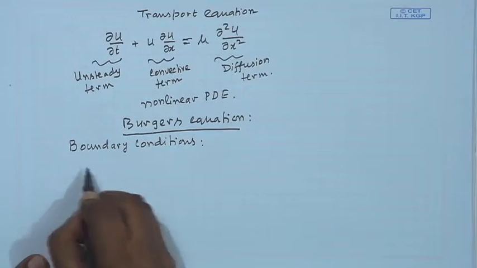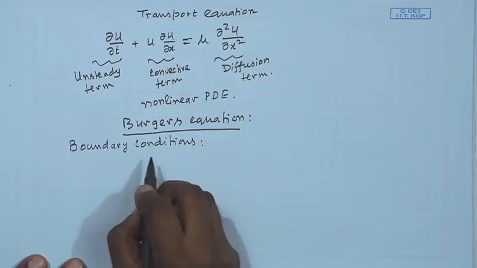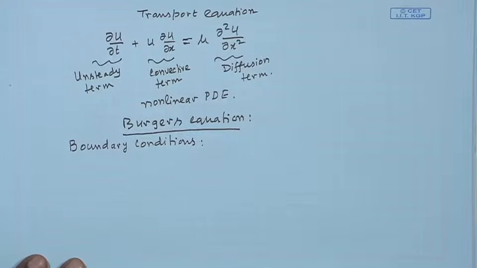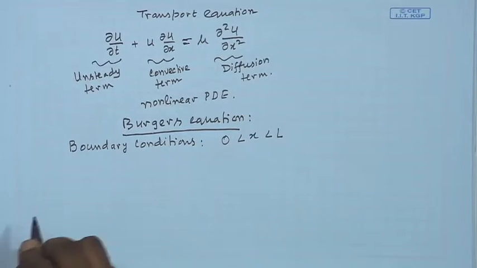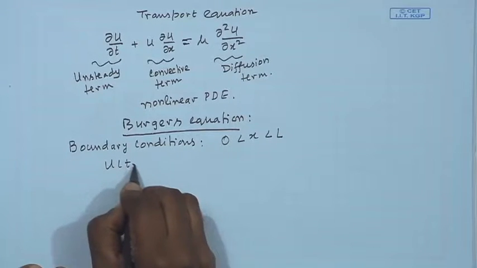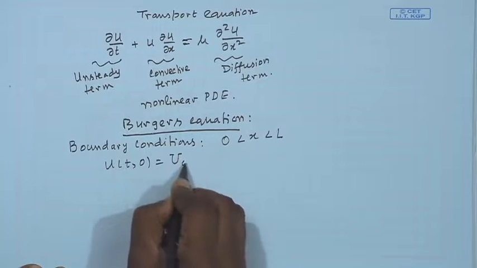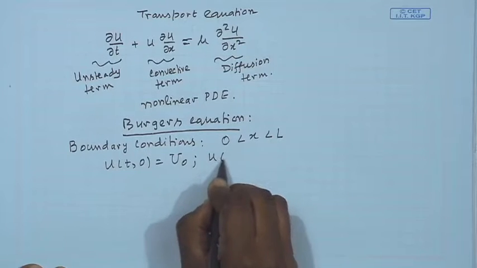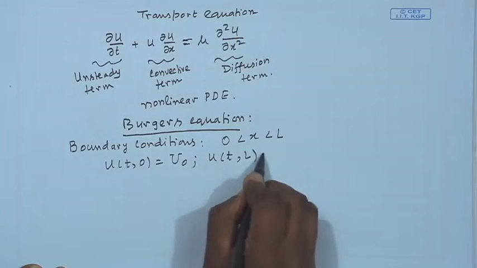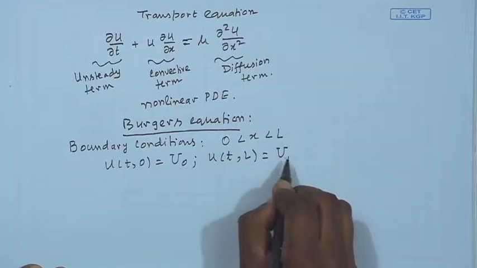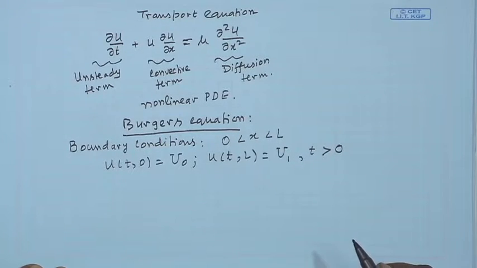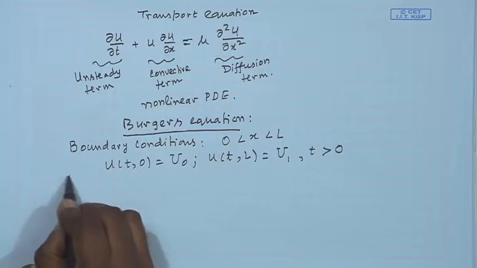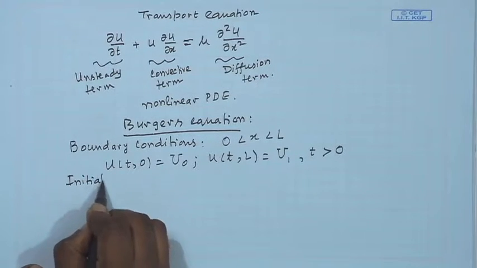Let us talk about the boundary, x varying from 0 to some certain length L. One boundary is u at 0 equal to, say, u 0, and u at L is equal to, say, u 1, for any t greater than or equal to the starting time, and this is the initial condition.